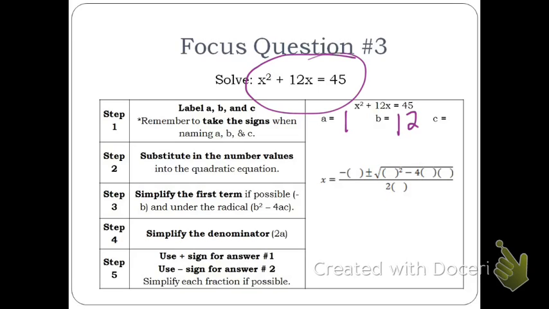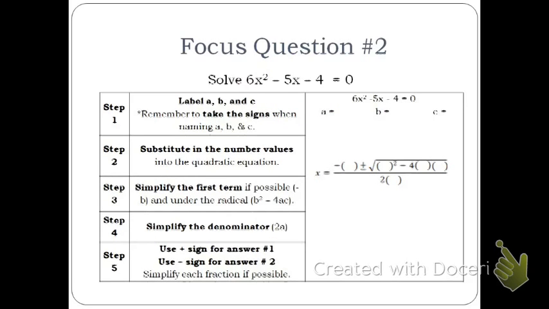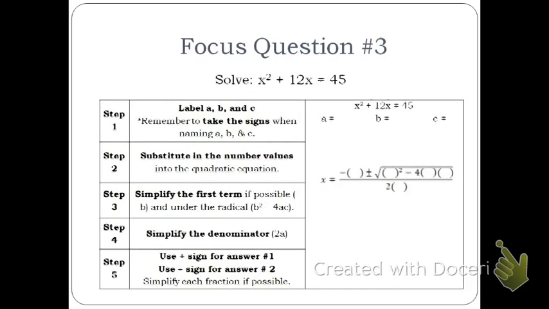I'm going to double check that I did not make a mistake in the previous problem. Yep, that one, question 2, is set equal to 0. So you always need to make sure that your equations are set equal to 0. This one is not. We need to first rearrange the problem.